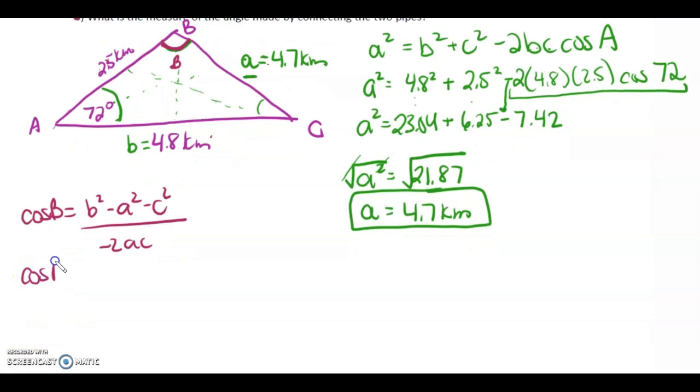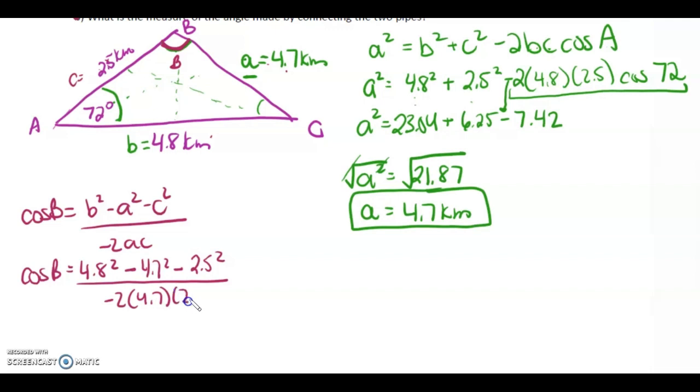So cos B equals, side B is 4.8, so 4.8 squared, minus side A, which is 4.7 squared, minus side C, which is 2.5 squared, all over negative 2, 4.7, 2.5. Remember, these are going to be the same number, so these two are going to be duplicated.